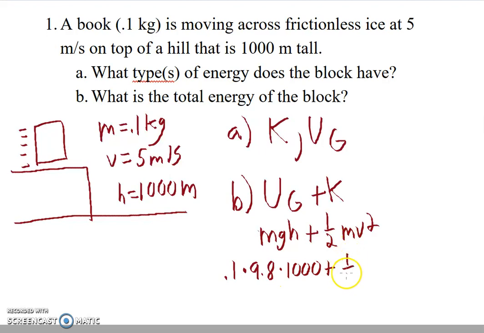And then over here, we know 1/2, we know the mass, and we know v squared, so 5 squared. So if we do this out, we get 981.25 J for joules.